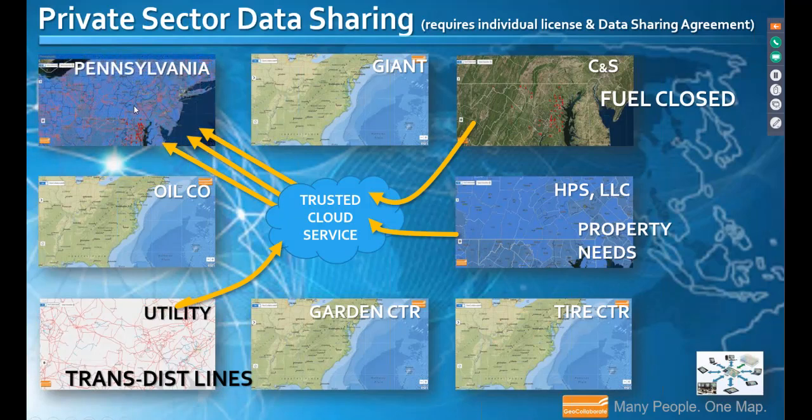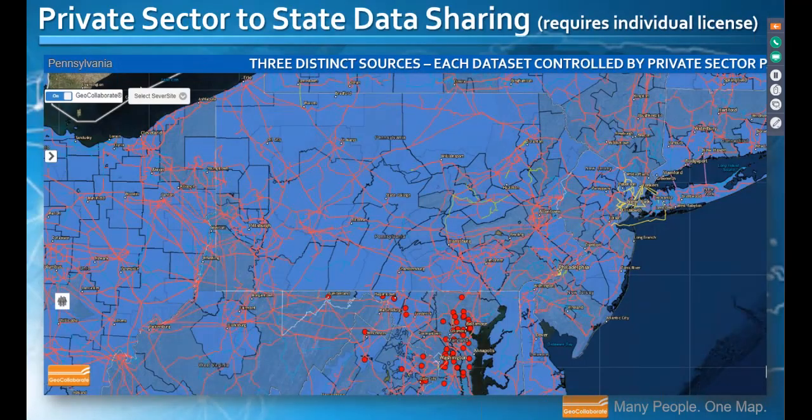So that brings three disparate types of data together into one mapping environment, so you can get a collaborative common operating picture and a look at this information. And I can blow that up here just for an example.